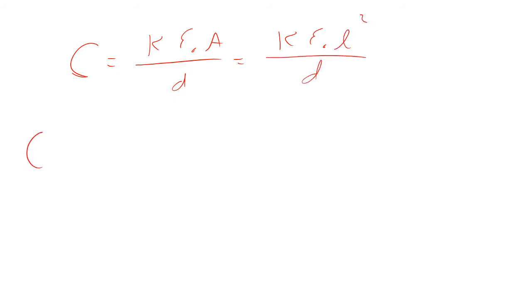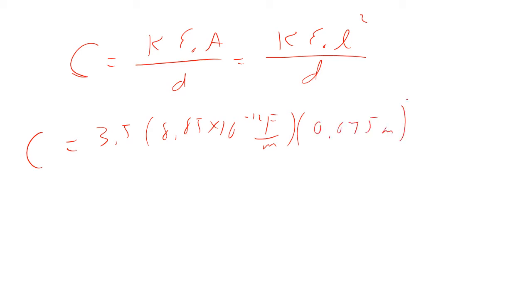So the capacitance is going to be equal to 3.5 times 8.85 times 10 to the minus 12 farads per meter, times the length, 0.075 meters squared, divided by the separation, which was 0.0541 millimeters, or 5.41 times 10 to the minus 5 meters.